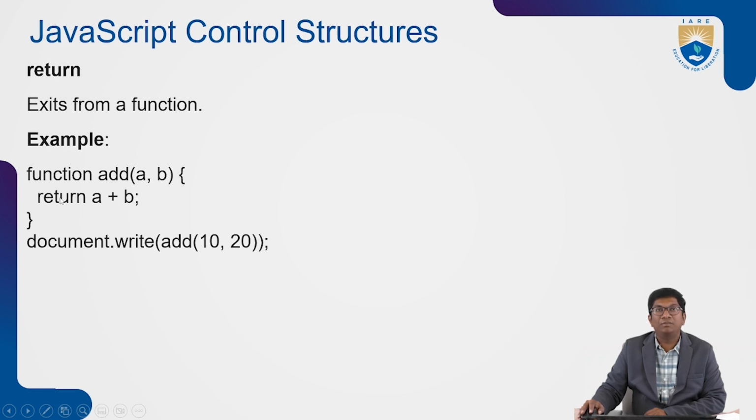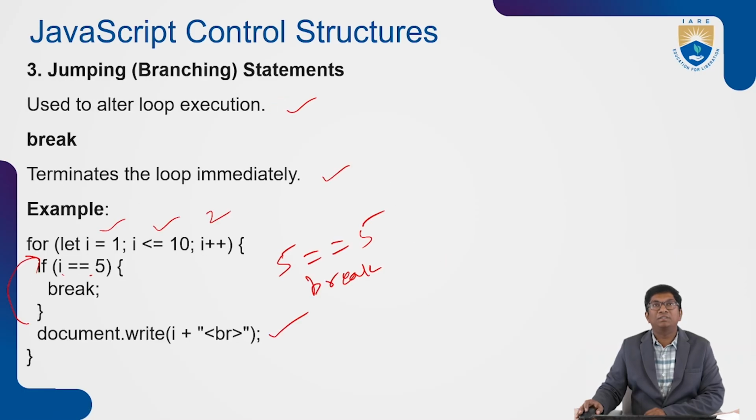Then it returns the value 30 to document.write, so it will display the output 30. Okay, so like this we can use a return statement. So up to now we discussed control structures, conditional statements, loops, and jumping statements.